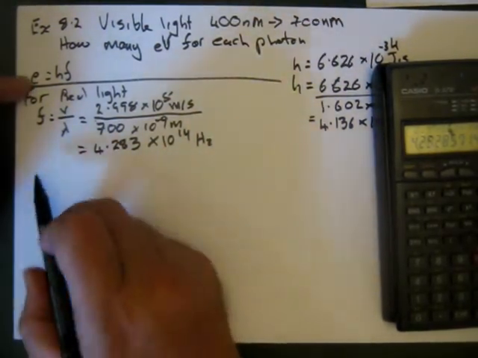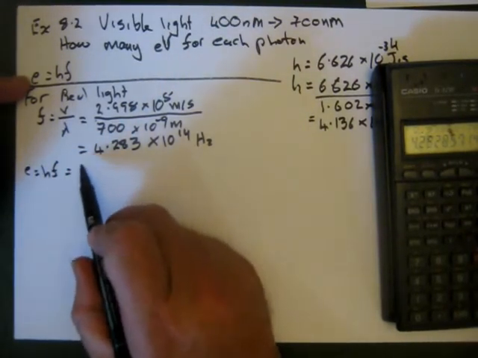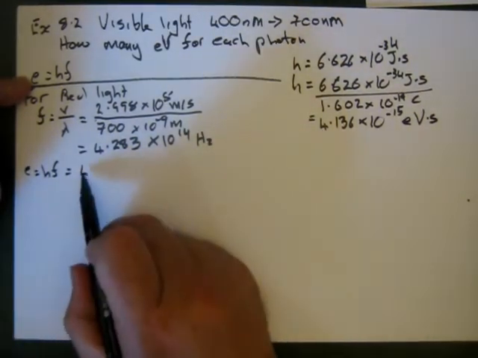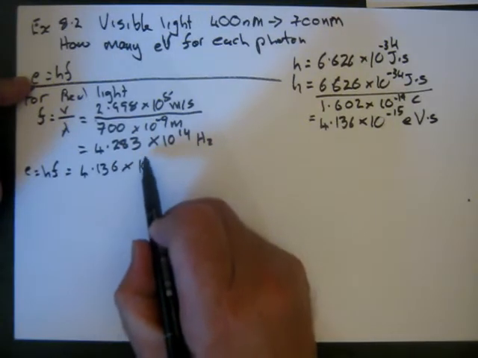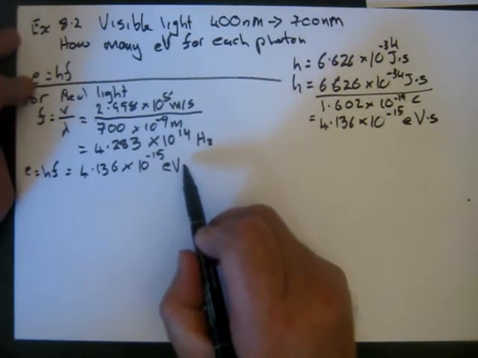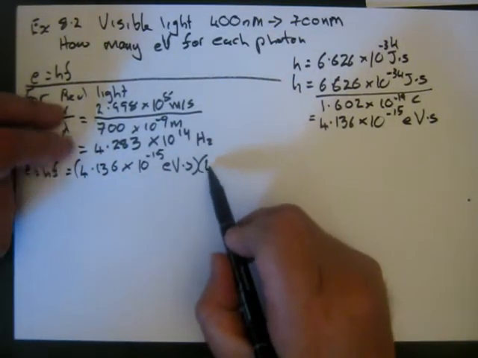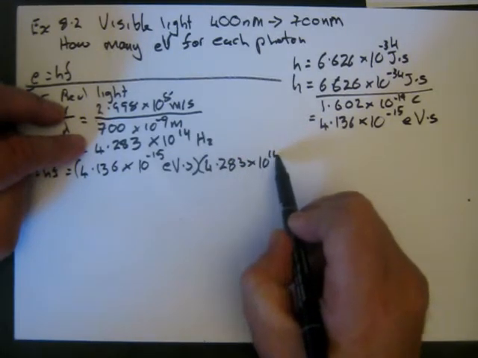So we now stick this into the equation, E equals hf, which is equal to, well, we worked out h over here, 4.136 times 10 to the negative 15 electron volt seconds times the frequency, 4.283 times 10 to the 14 hertz.